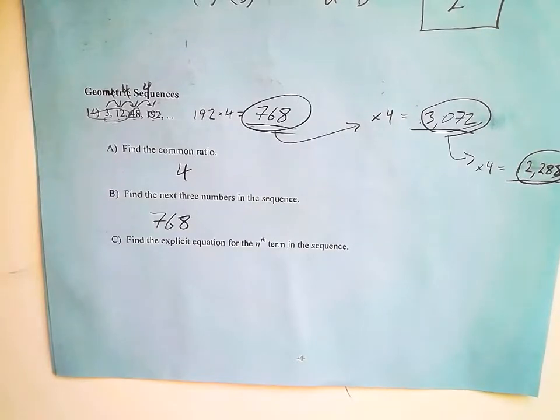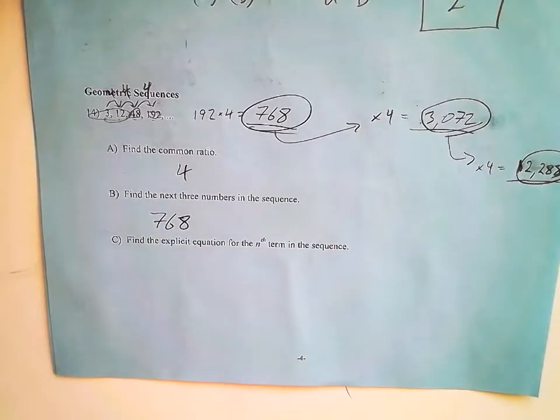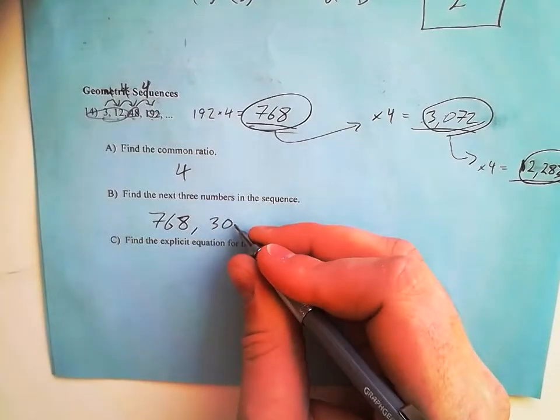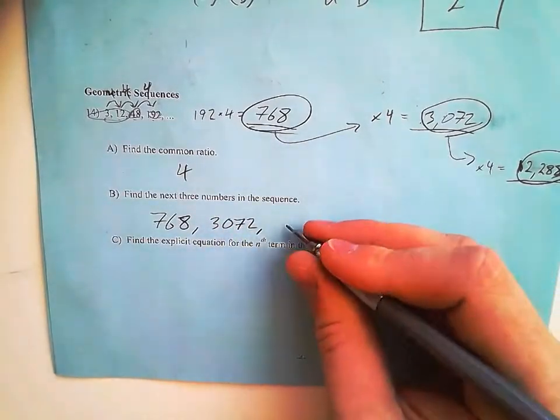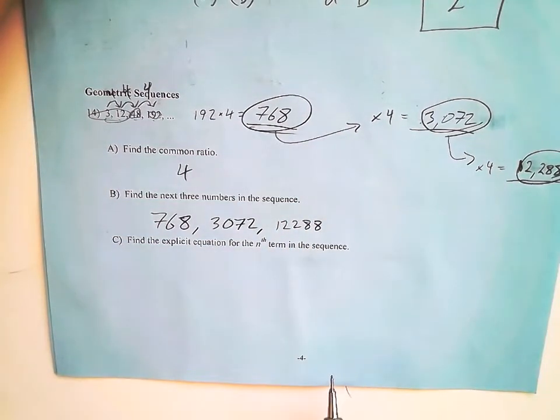And double check the next one, multiply that by 4, and that is 12288. Okay. So there's the next three numbers.